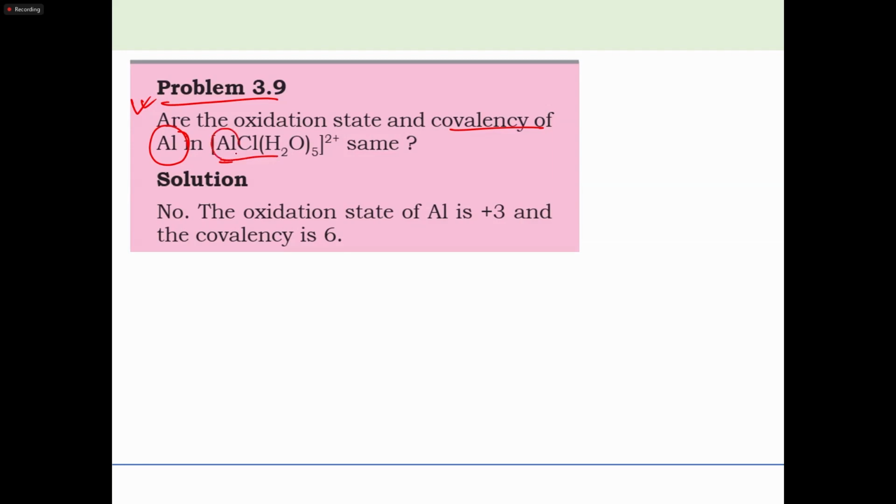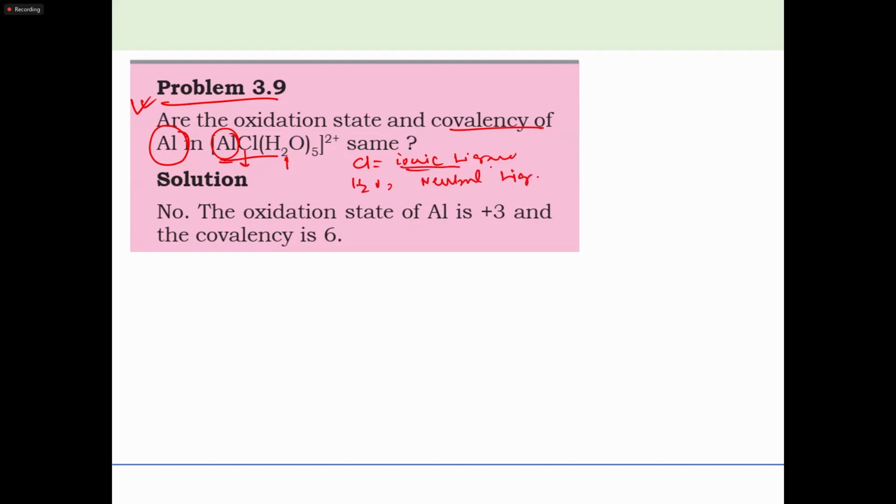Aluminium is the main group element, and chlorine is also a main group element. Suppose I take chlorine as a ligand and water also as a ligand. Here Cl is the ionic ligand, and this is water, the neutral ligand.